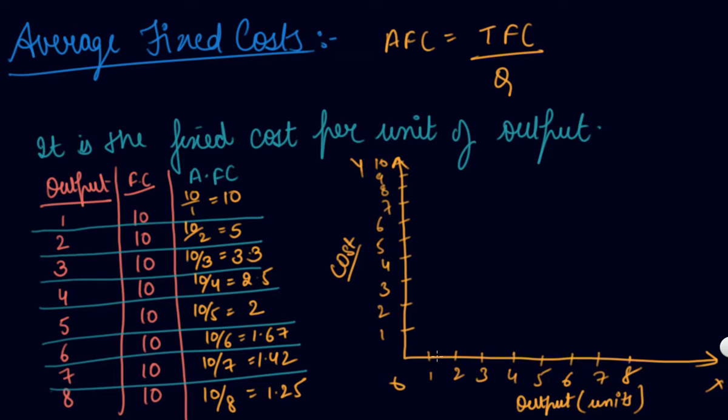Now at output 1, your average fixed cost is 10. This is the rectangle which is made. Then on 2, your average fixed cost is 5. On unit 3, your average fixed cost is 3.33 here.